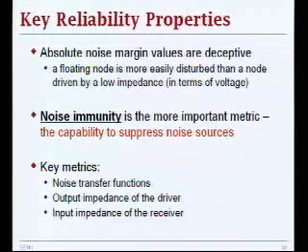As I said, absolute noise margin values are sort of misleading, because sometimes you may have, for example, a circuit with a large noise margin, but it may have very high impedance. If you are working with voltages, then you would like to have a really solid and stable voltage level.